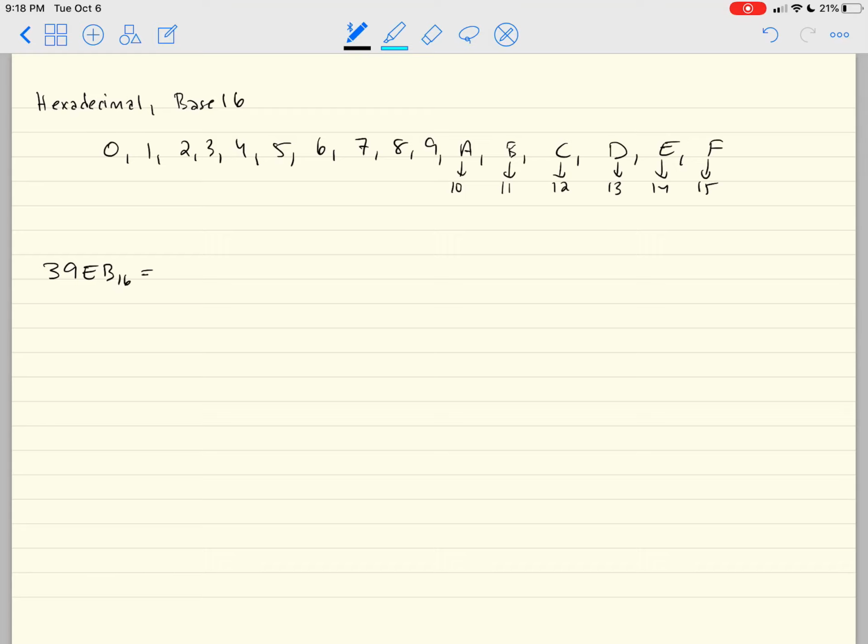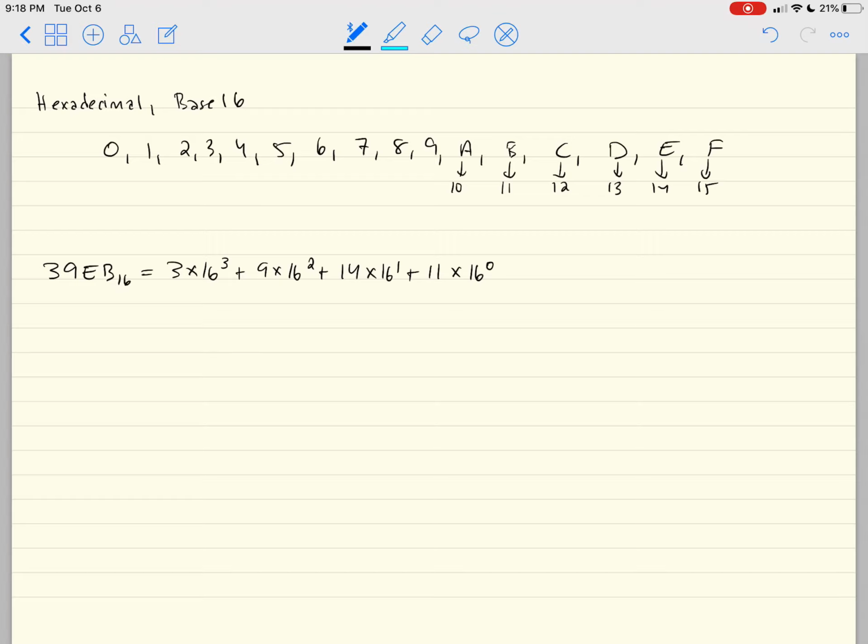There are 4, which means my first digit must be multiplied by a 16 cubed, and then a 16 squared, and E, wait a second, we don't like that, so I translate and say never mind. I'm going to write a 14 for E times 16 to the 1. Again, B translates to 11 times 16 to the 0.